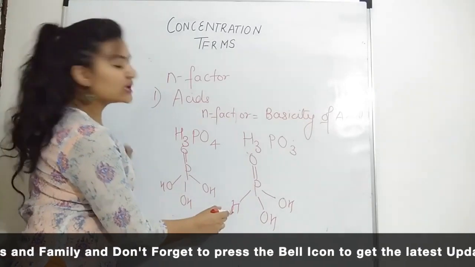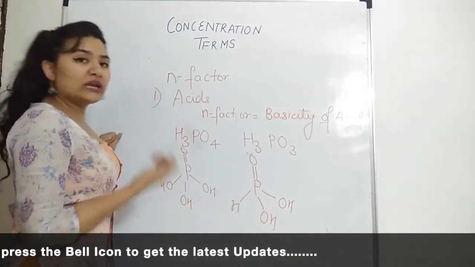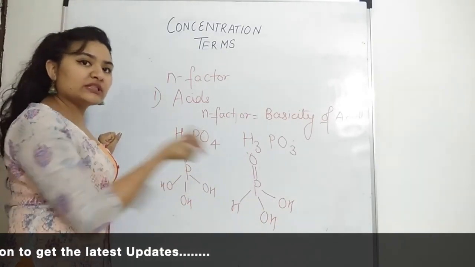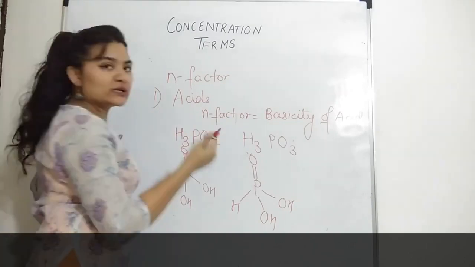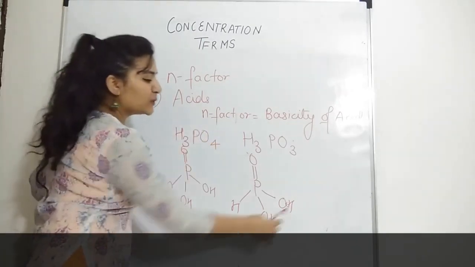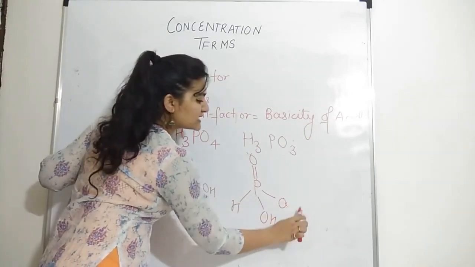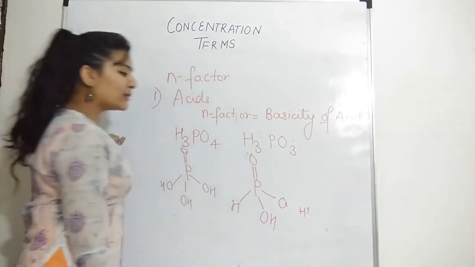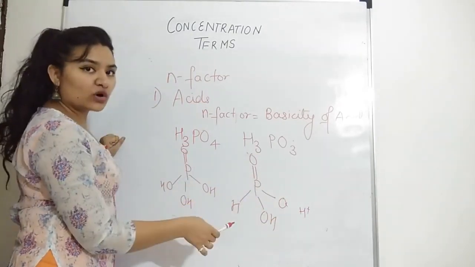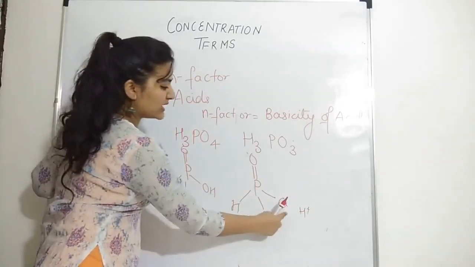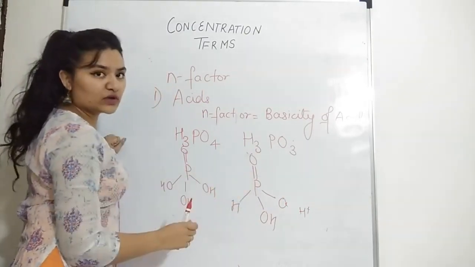Okay, this one cannot, because out of phosphorus and oxygen, oxygen is more electronegative. Electronegative मतलब अपनी तरफ electrons it can pull or it can withdraw electrons towards itself. If it pulls electrons towards itself, H will be removed as H plus. And how many hydrogens in this structure are attached with oxygen? Only 2. This one and this one. The other hydrogen is directly attached to phosphorus.